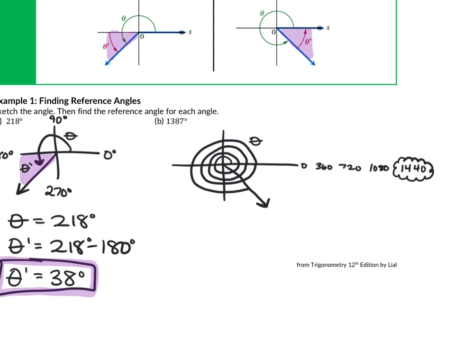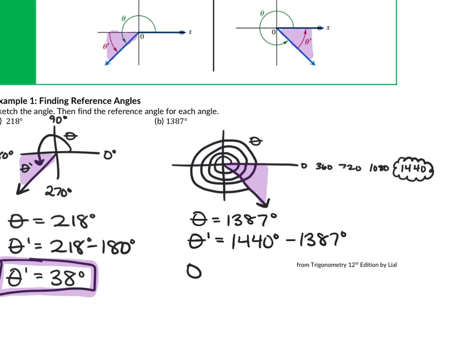My reference angle for this guy is just asking how much is left between the final terminal side and the next time I would finish an entire revolution. So theta is 1387, which means that I can find theta prime by doing the next complete revolution, which is 1440 degrees, minus theta, 1387.